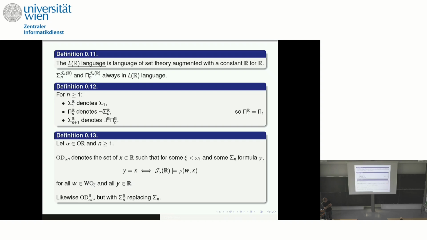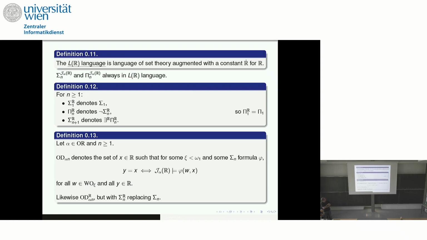And then a slightly reduced hierarchy. Sigma 1 reals is just sigma 1, and we're thinking about defining over J alpha R here.